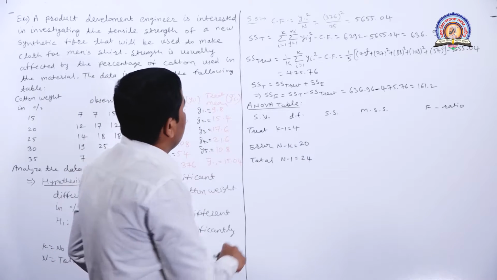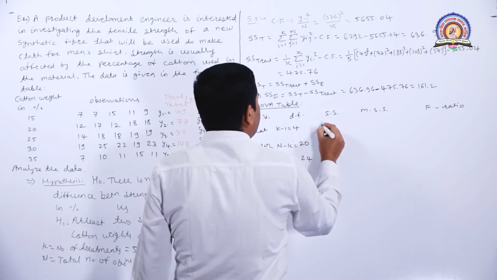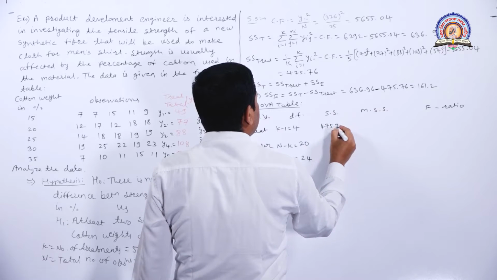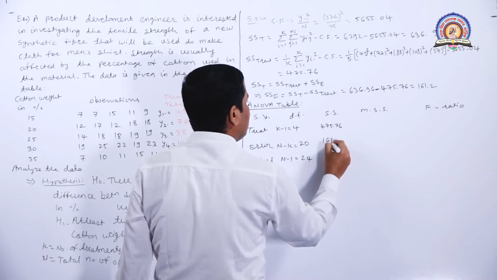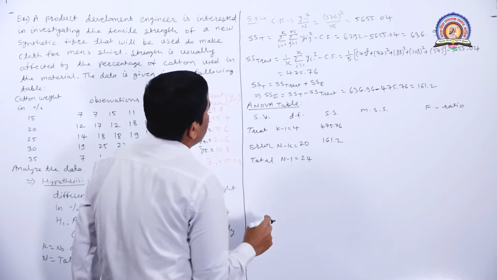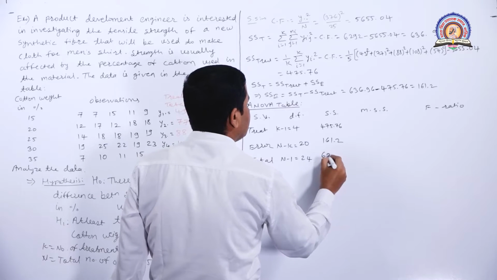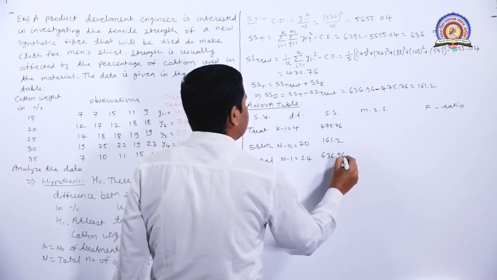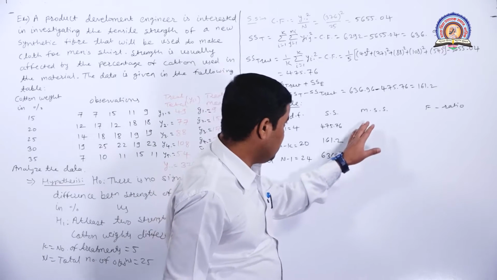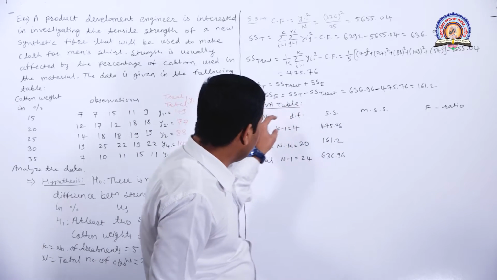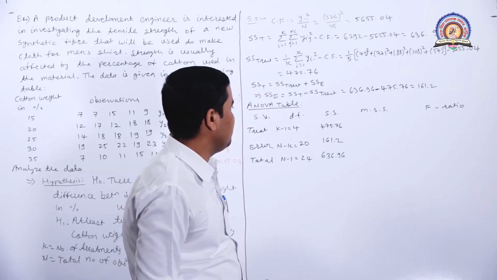Sum of squares due to treatment, we obtained it: it is 475.76. SSE will be 161.2, and total sum of squares will be 636.96. Mean sum of squares is usually obtained by sum of squares divided by the respective degrees of freedom.